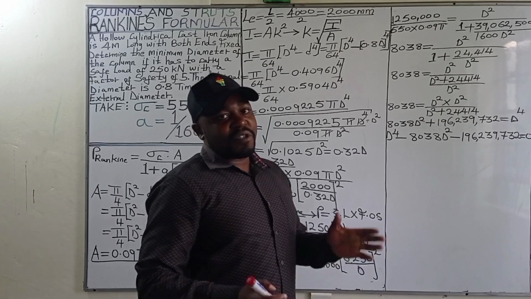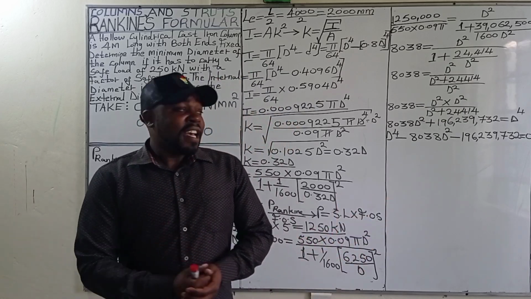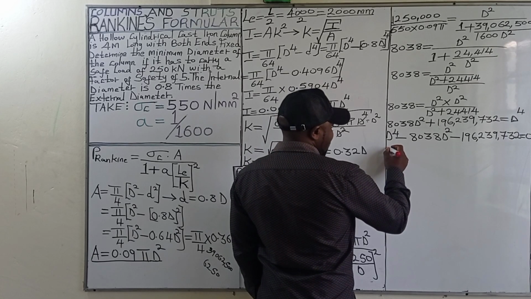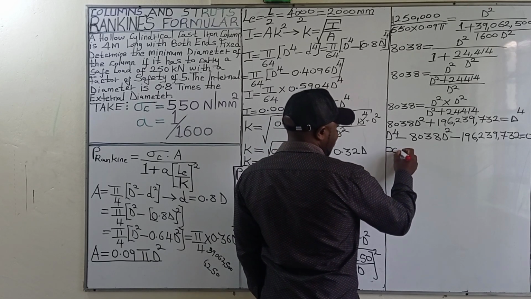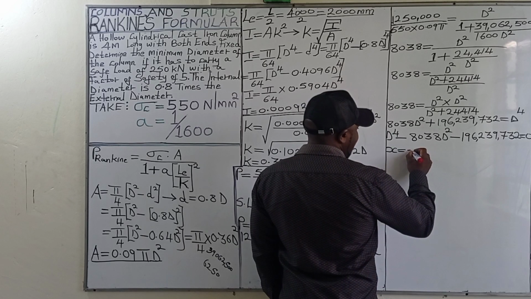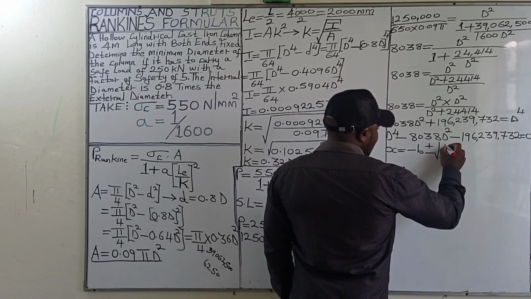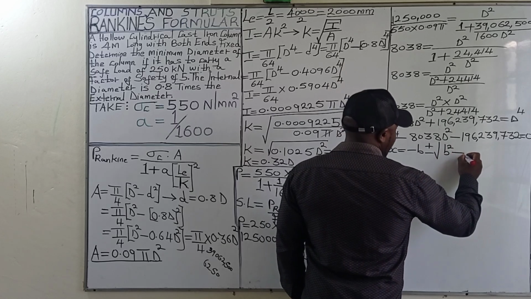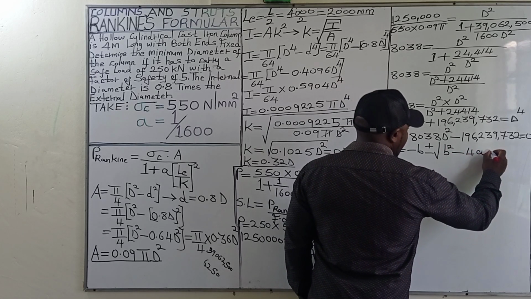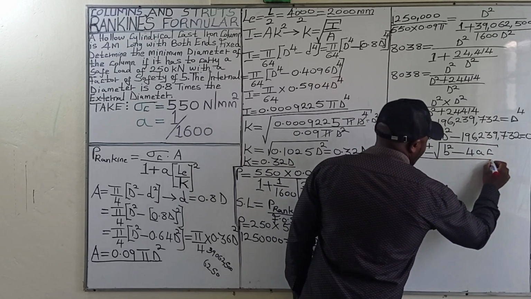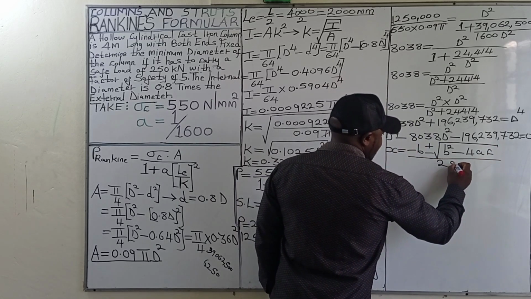So that will form what we call a quadratic equation. So from the quadratic formula, we know that when we want to get the value of x, we usually use this formula: minus b plus or minus the square root of b squared minus 4ac, all over 2a.